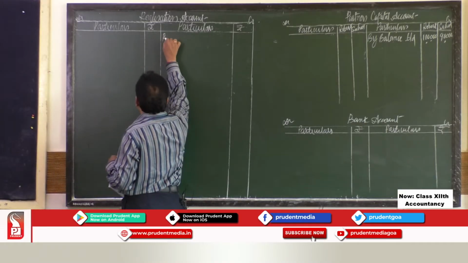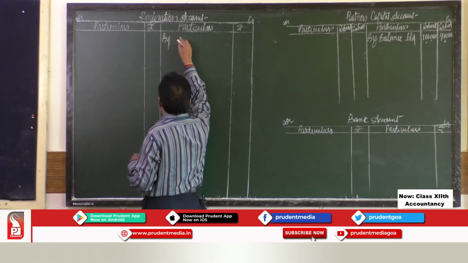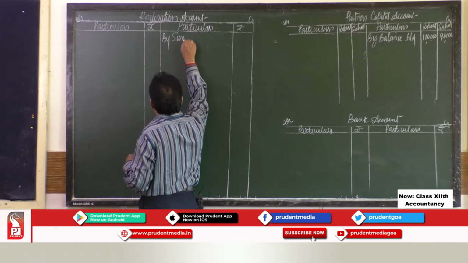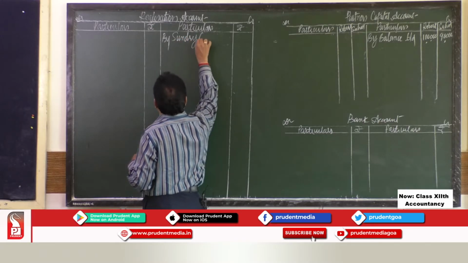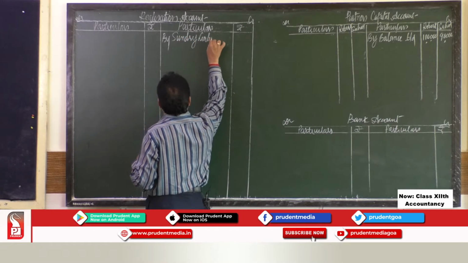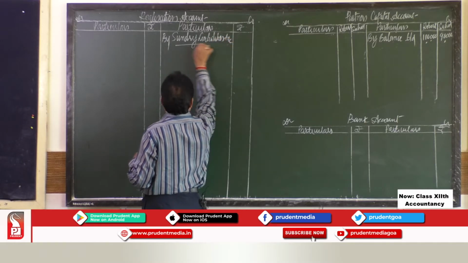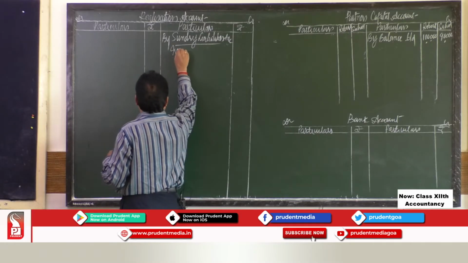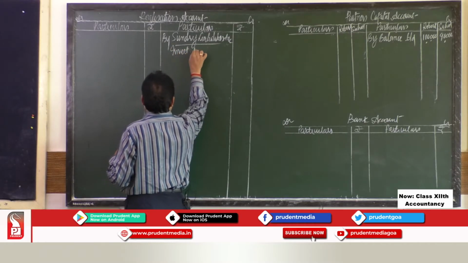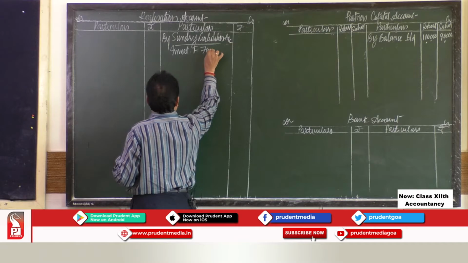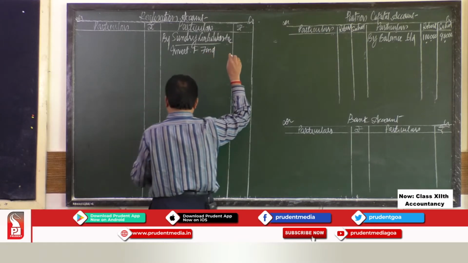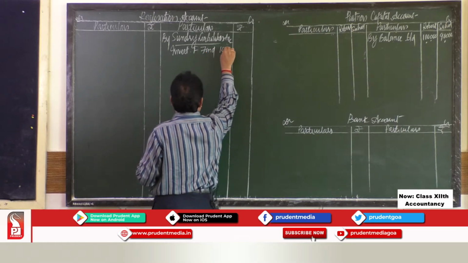So all those funds you have to transfer here by sundry liabilities account. Under this, investment fluctuation fund is rupees 10,000.